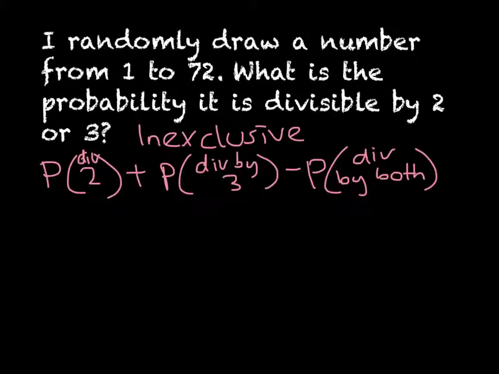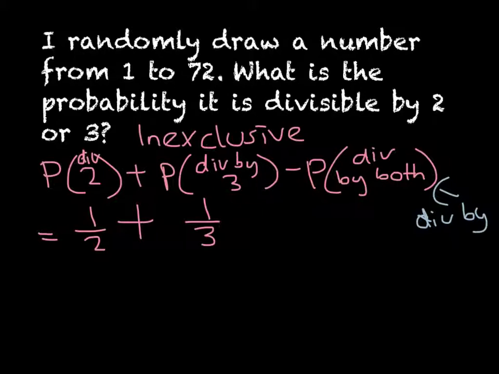From 1 to 72, half of the numbers are going to be divisible by 2. And 1/3 of them are going to be divisible by 3. Now, what about the numbers that are divisible by both? If a number is divisible by both 2 and 3, then that means that it is divisible by 6.